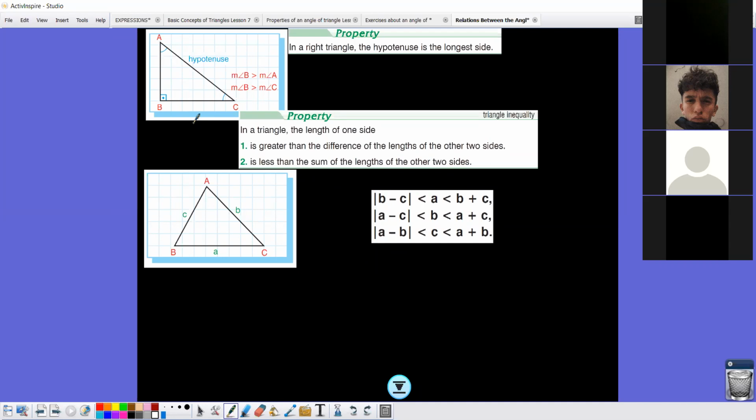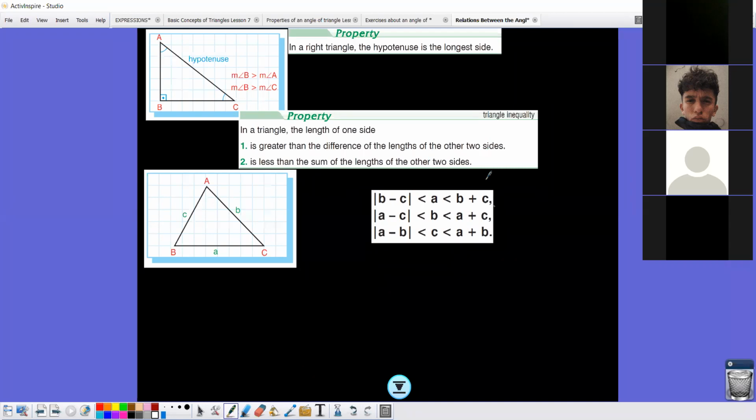And the other property says in a triangle, the length of one side is greater than the difference of the lengths of the other two sides, and the length of one side is less than the sum of the lengths of the other two sides.